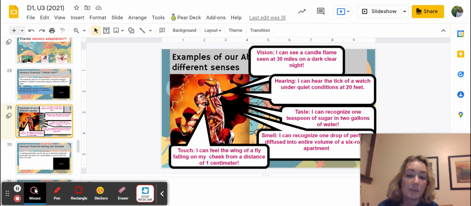That's the minimum amount of stimulation needed for you to be able to pick it up correctly. Taste is a good example too. I could recognize 1 teaspoon of sugar in 2 gallons of water. At what point would you notice there's sugar in it? How much sugar is needed for you to recognize that there's sugar in this water?